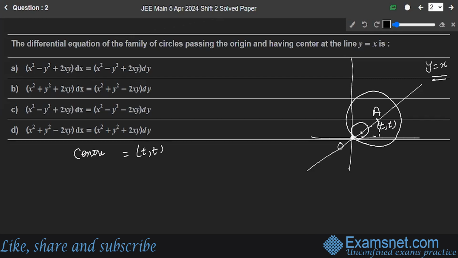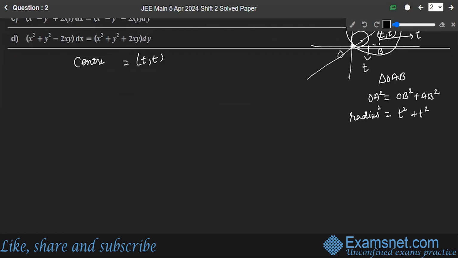Let's say this is point A, this is point B, and this is O. So in triangle OAB, applying the Pythagoras theorem, OA square is equal to OB square plus AB square. And OA is your radius. So radius square is equal to OB square plus AB square, and OB and AB both are t. So that gives you radius square is equal to 2t square.